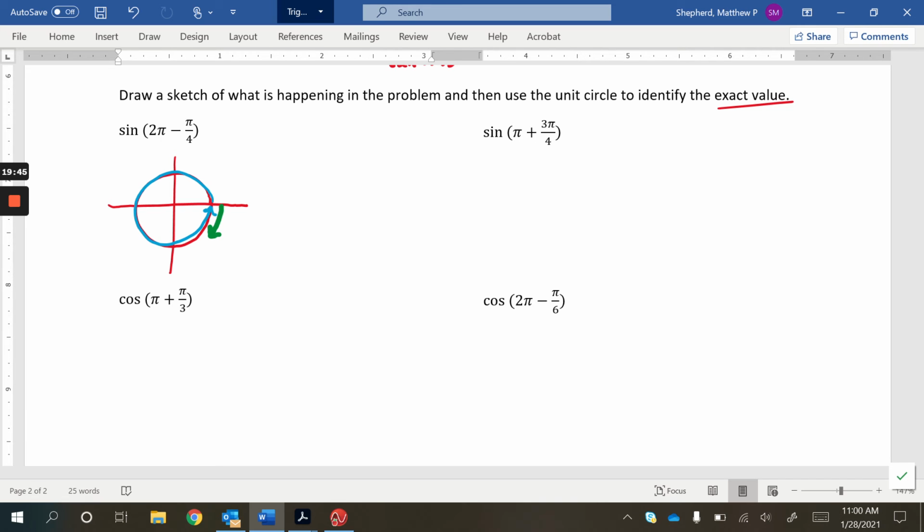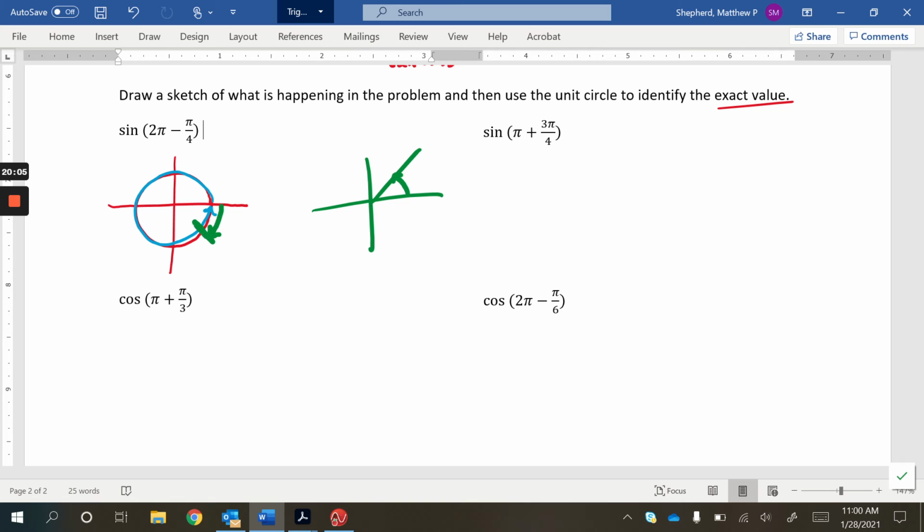Now, if you don't remember what is the distance of a pi fourth, you should probably open up a unit circle, which would show you it went up just at a 45-degree angle. Now, I did that same distance but I did it going down.